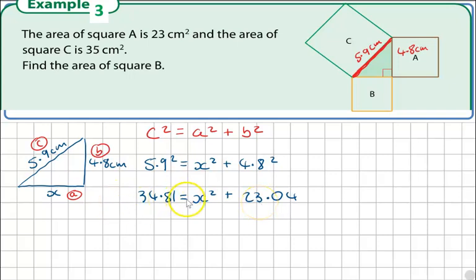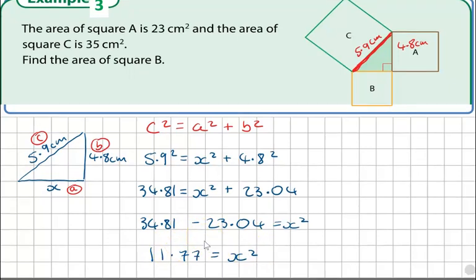I want to solve for X, get the X on its own, so I'm going to bring the 23.04 over the equal sign, and it will become minus 23.04. So 34.81 minus 23.04 is equal to 11.77, which is X squared. And then solving for X, the squared is going to come over and become the square root.